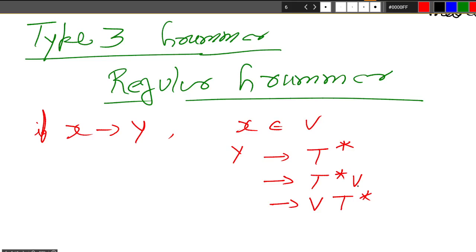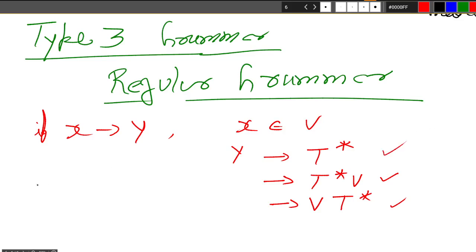Sometimes you will find later on that it is in between type 2 and type 3, but you can consider it as type 2. If you want to keep it in type 3, then it should be either this one or this one. This is always allowed, no problem.